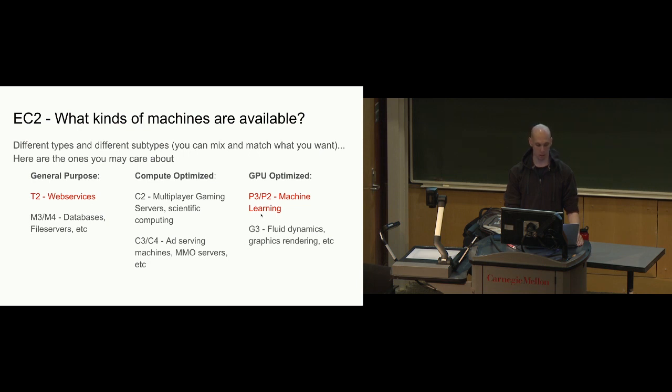The P2 is more for machine learning, so when you're doing your training, you would want to use one of these. So you have this class of the machine, and then you also have the sizes. Out of any of these, you can match it with any of the machine sizes. So you could have a T2 16x large or a P2 nano.